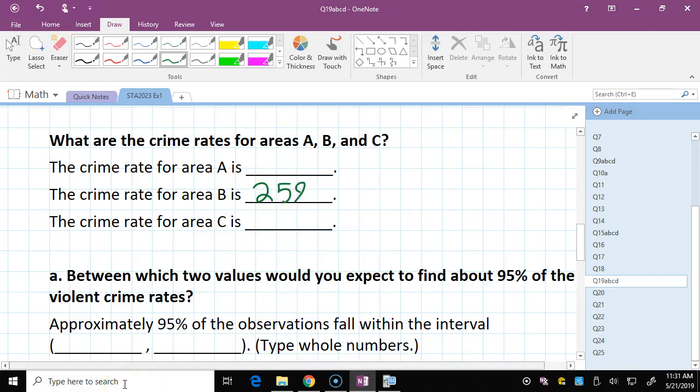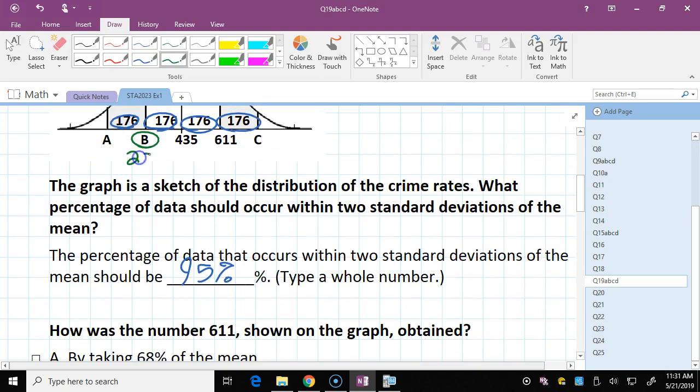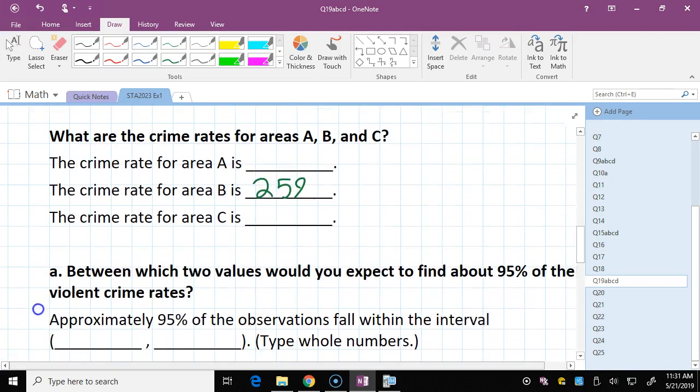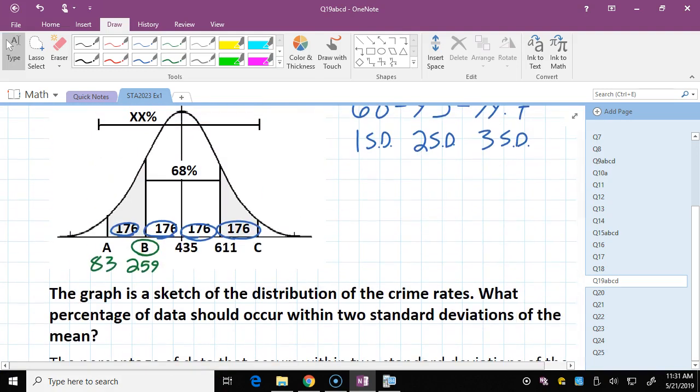So we can fill that in. How do I get to A? Subtract another 176. They gave you a nice little hint there with the standard deviations written. So how much is A? 83. And last but not least, C: 787, because you add 176 to the 611.